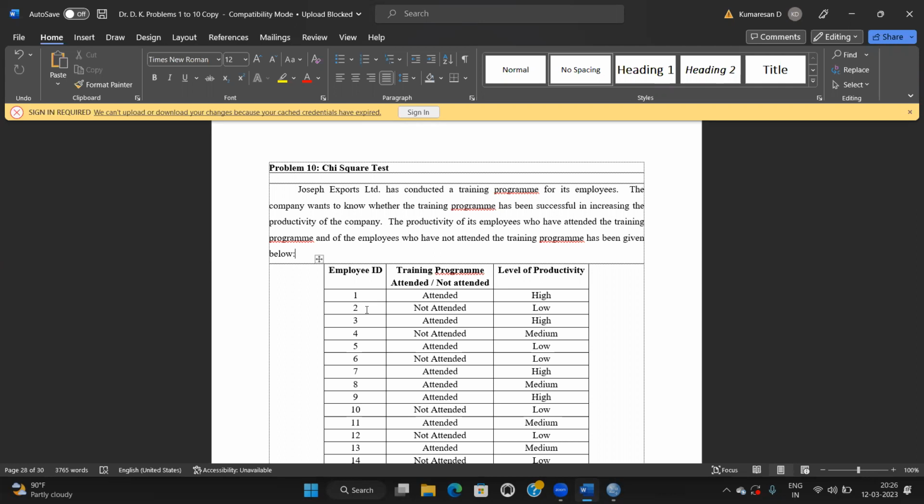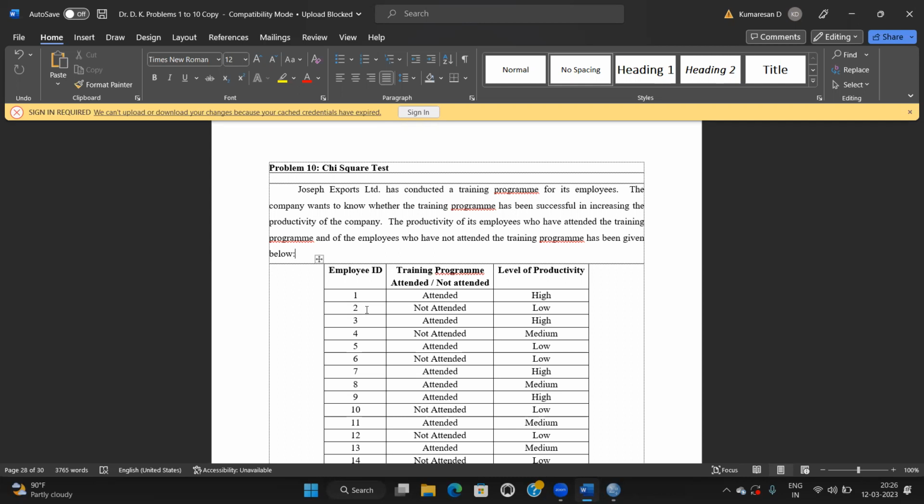Even if vaccination is taken, somebody might have been affected by COVID-19. If vaccination is taken, somebody may not have been affected. Out of those who have not been vaccinated, somebody might have been affected, somebody might not have been affected.